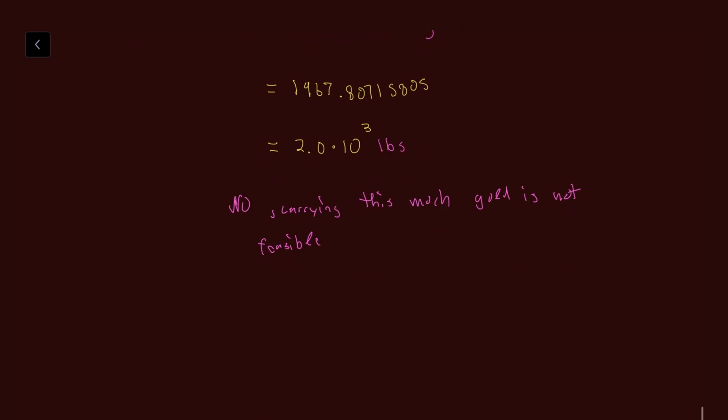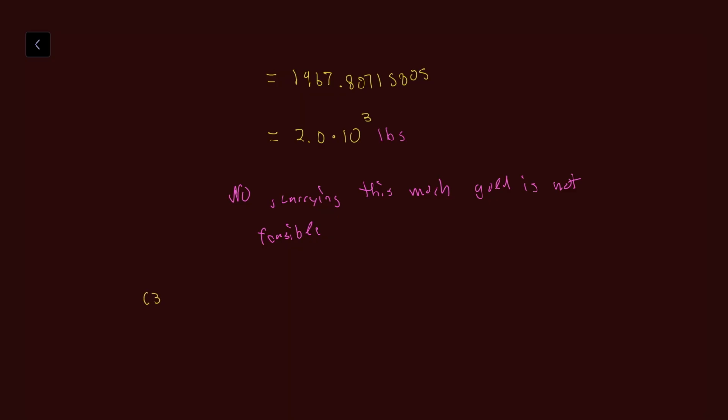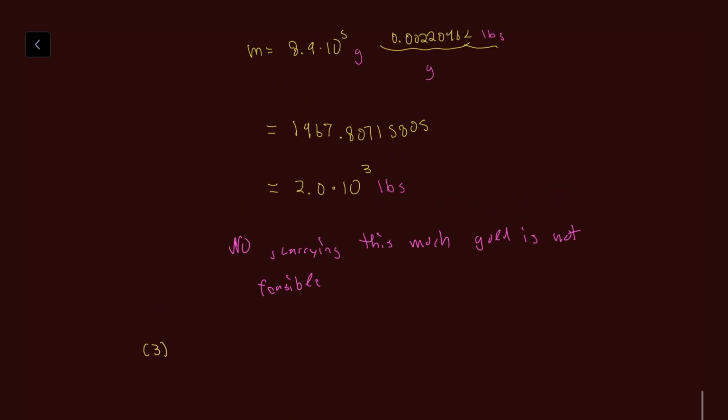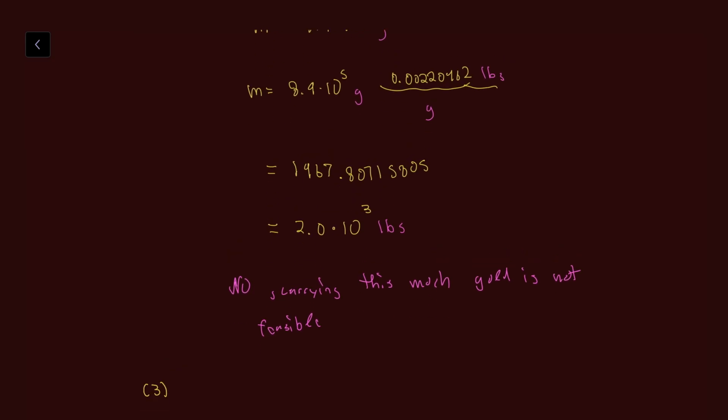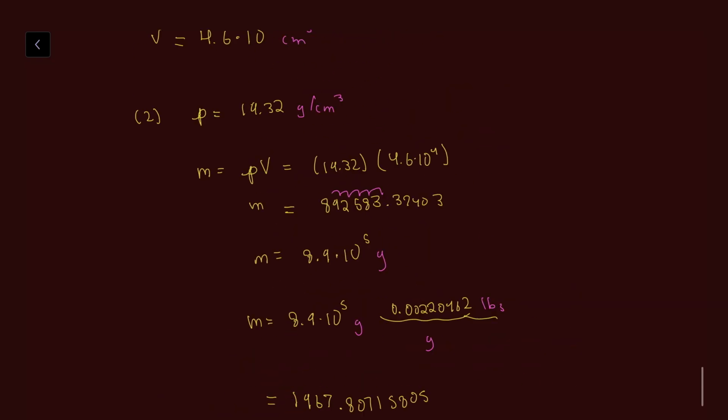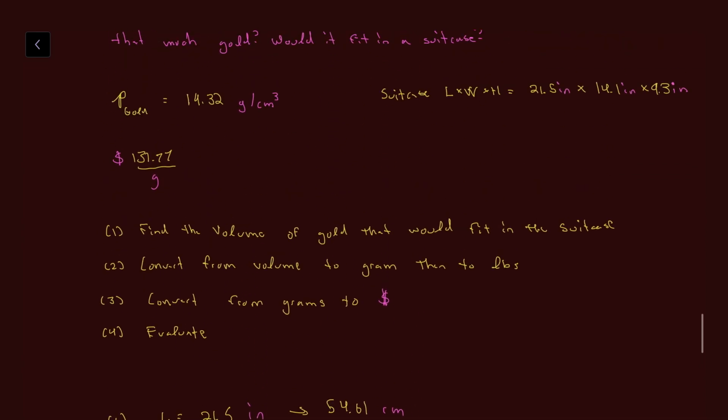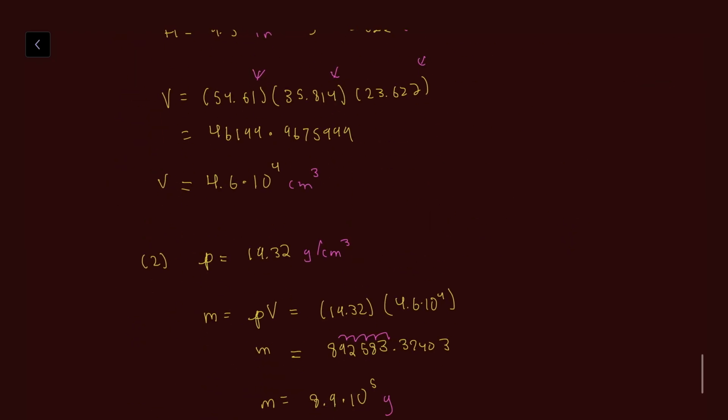So now the question remains, how much money in gold do we have in this specific suitcase? In order to find that out, we have to go back to our grams, to our mass of gold, and convert from grams to money. And we do that by taking a look at the price of gold per gram.